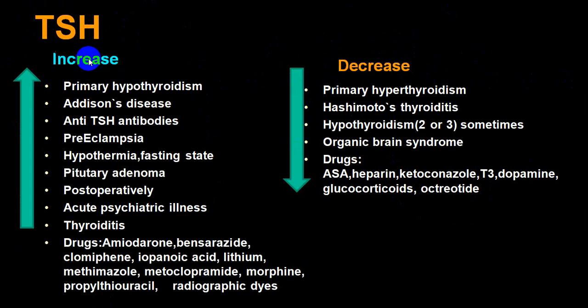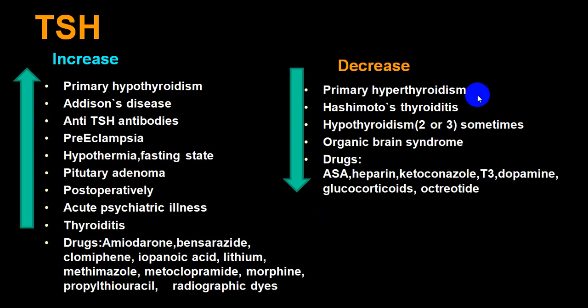Say, for example, TSH will increase in Addison's disease, in preeclampsia, hypothermia, pituitary adenoma, psychiatric illness, a person who is on amiodarone, then a person who is on methimazole, lithium, morphine, propylthiouracil, etc. In all these conditions, you can sometimes have an abnormal level of TSH.